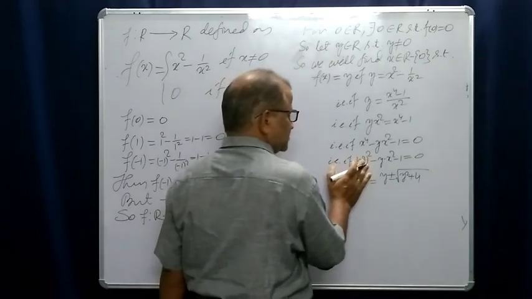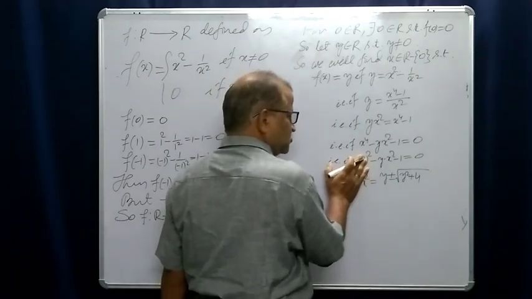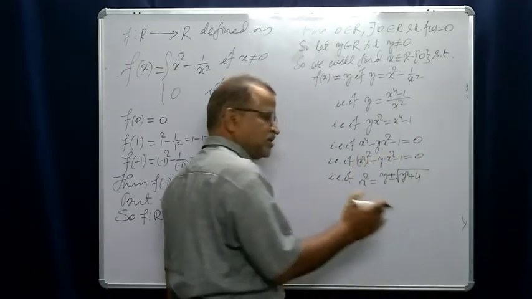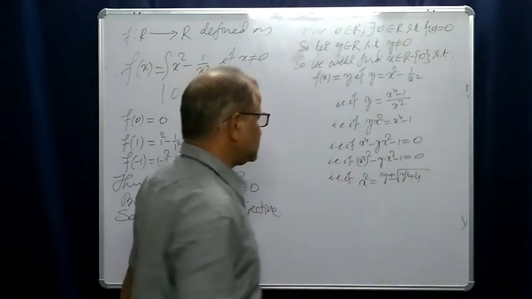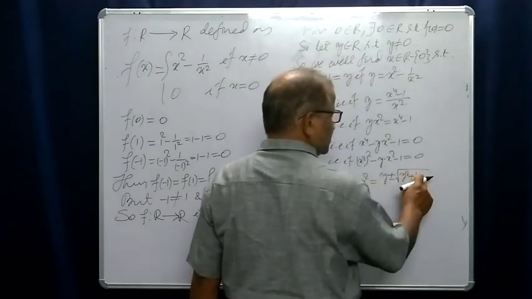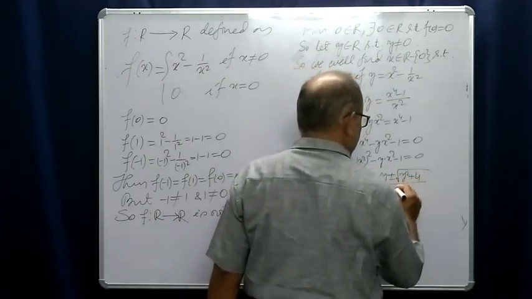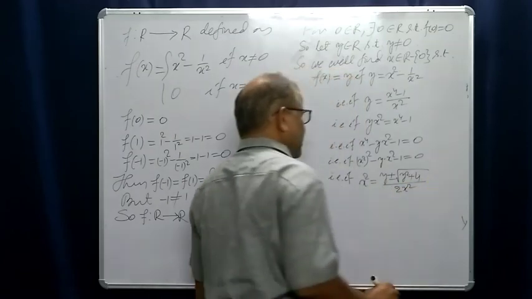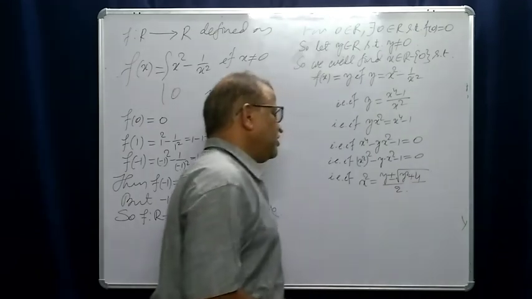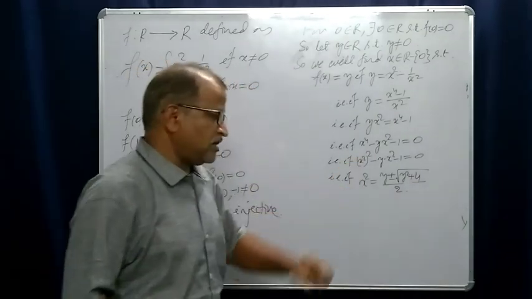It is a quadratic equation in x square: x square square minus y into x square minus 1. So it is minus b plus or minus square root of b square minus 4ac by 2a, and a is 1 here.